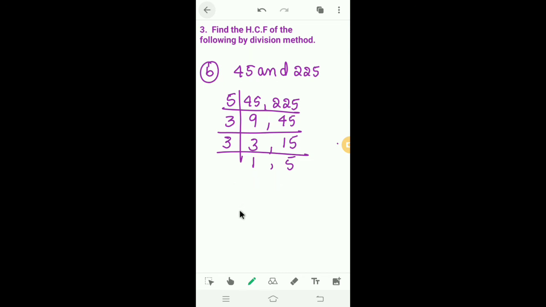Next, we have to write the common factors in the left column and multiply them to get the HCF of 45 and 225. So HCF is equal to 5 into 3 into 3. 5 3s are 15. 15 3s are 45. So HCF of 45 and 225 is 45.